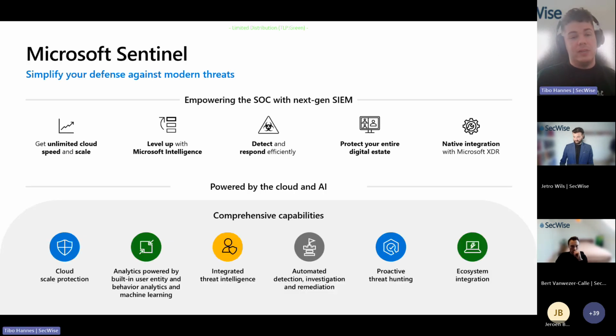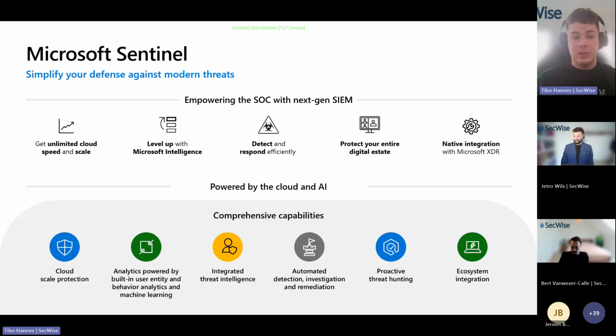So now we're going to look at why a SIEM, or in this case, Microsoft Sentinel. It's because you can get every single one of your security tools, every bit of data you have in your environment, think identities, think endpoint logs, everything, and send it all to one system, in this case, Sentinel. Foremost, it also adds threat intelligence.